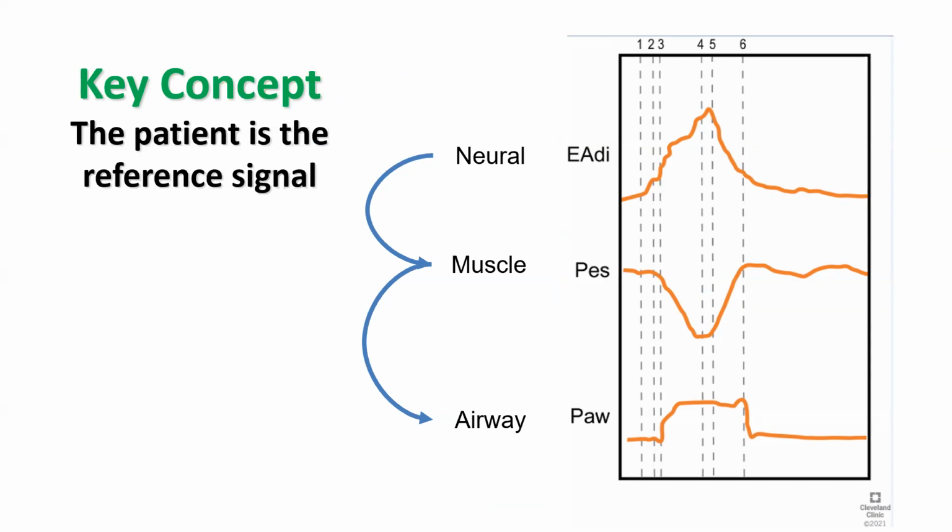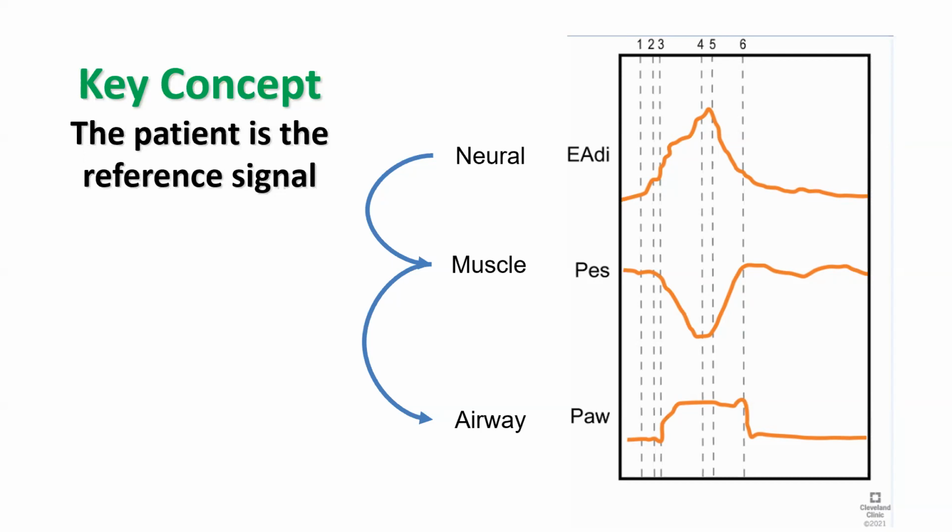So if there's any difference between what the patient wants and what the ventilator gives, that leads to some type of discordance. Here, we see that the patient signal can be represented by the EDI signal, let's say from a NAVA catheter, or it could be referenced by an esophageal pressure catheter. And this airway pressure is what the ventilator is trying to do to catch up with the patient signal.